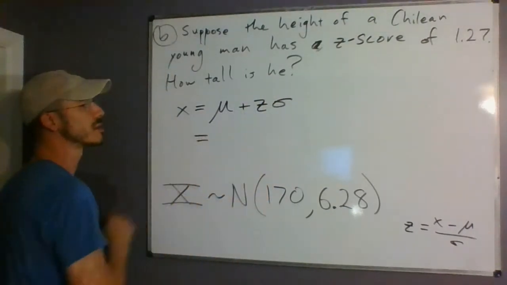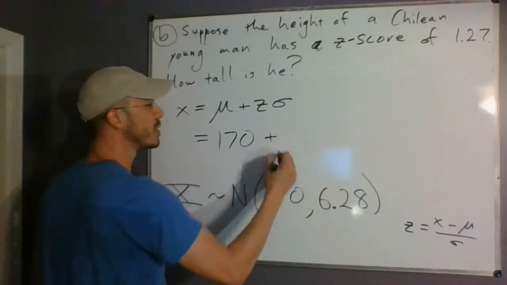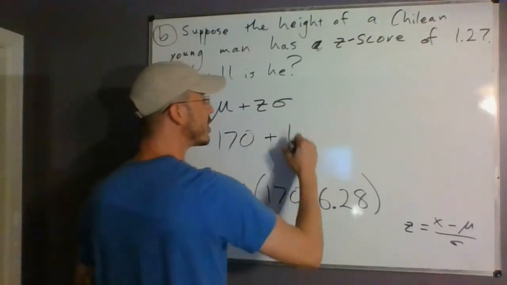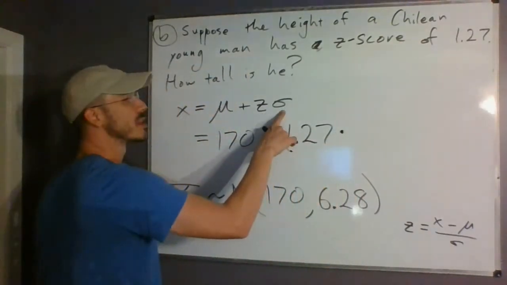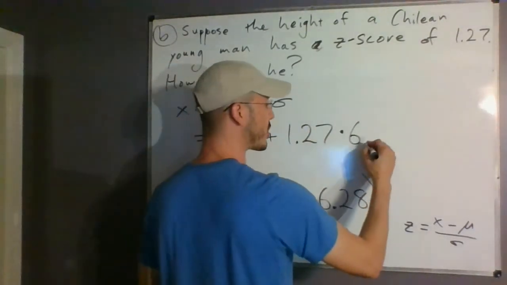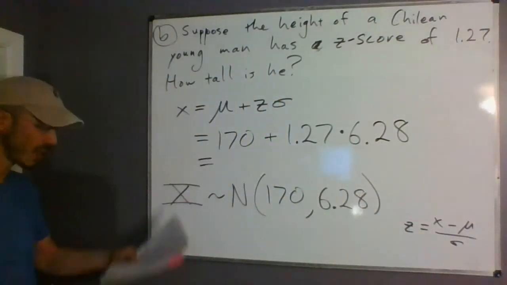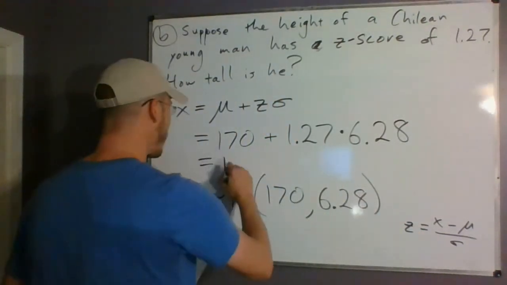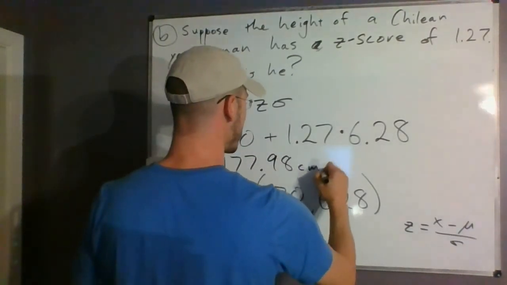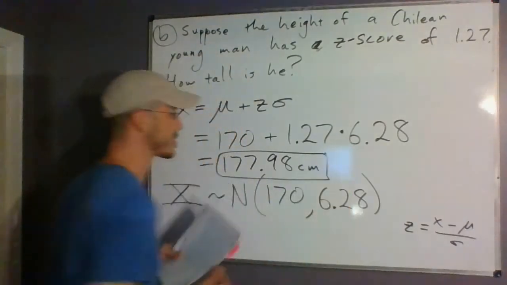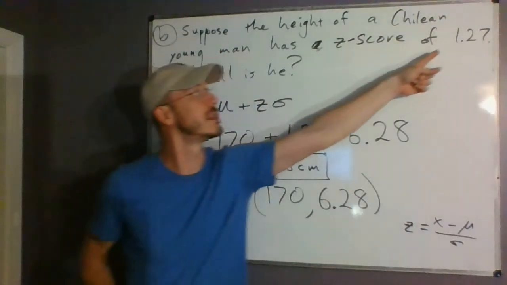In this case, that's 170 is the mean, plus the z-score we're given, 1.27, times the standard deviation of 6.28. And that comes out to 177.98 centimeters. That's what we're trying to find in the second question. How tall was this person based on his z-score?